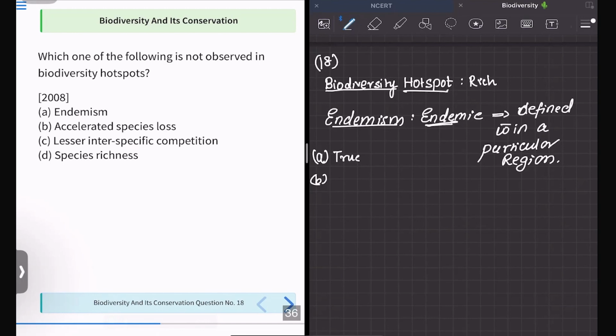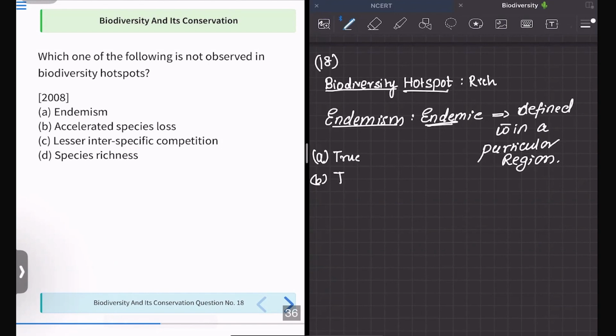If it is a widespread species distribution, the genetic material exchange can occur at multiple levels. So the diversification in genetics is going to be more. Ultimately, if there is more genetic diversification, there are going to be more species. But if we have an endemic area or a hotspot where it is restricted, the exchange between the species is going to be limited. So the possibility of developing different species ultimately goes down. Yes. So option B is also true.